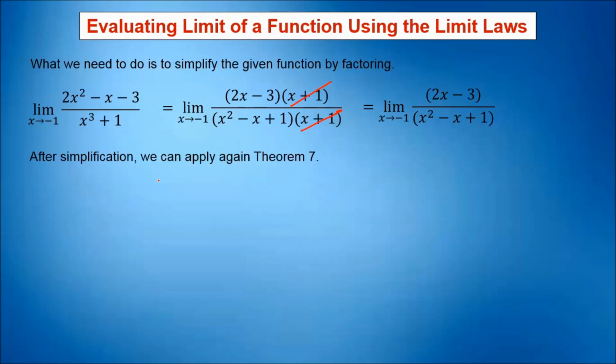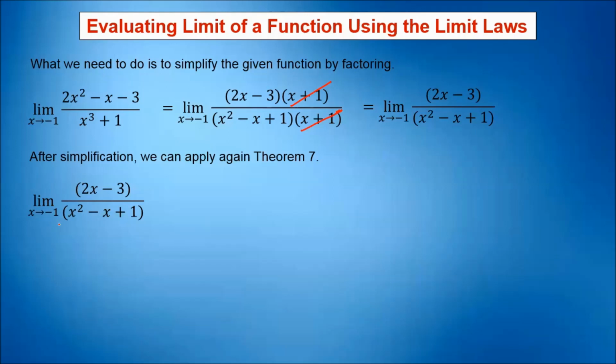After the simplification, we can apply again theorem number 7 because our simplified form is 2x minus 3 all over x squared minus x plus 1, which is also a quotient of two functions, which is also a rational function. So find the limit of this function as x approaches -1.